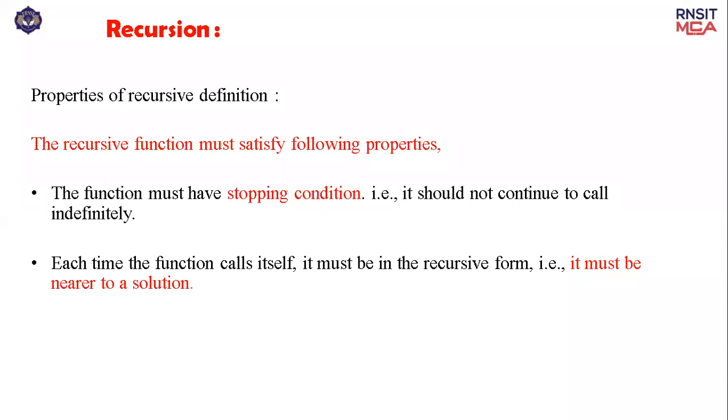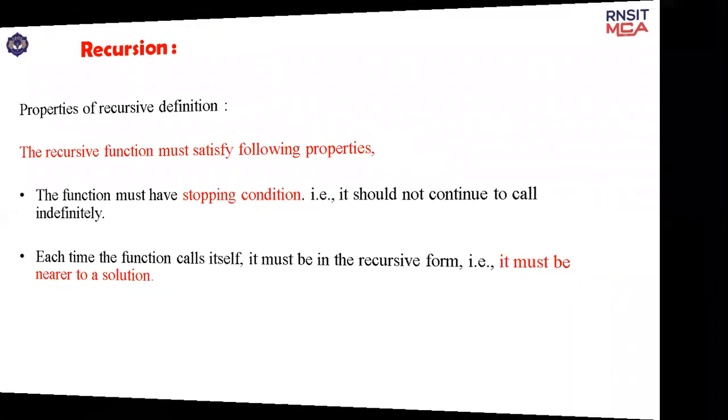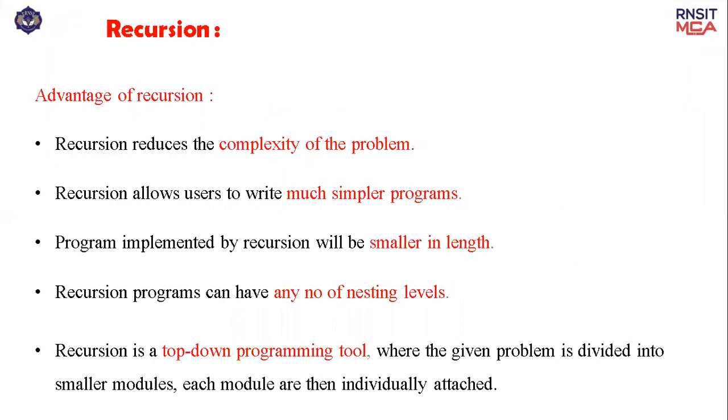And each time the function calls itself, it must be in recursive form, that is, nearer to the solution. The advantage of recursion is that a recursive function reduces the complexity of the problem. Recursion allows the user to write much smaller programs.